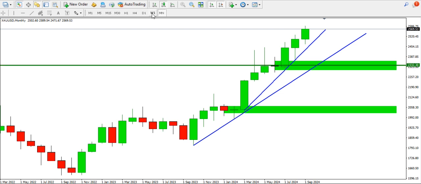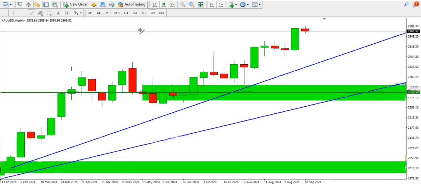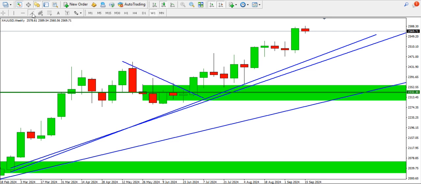On the weekly time frame, you can see that the price of gold is still bullish. Plotting the trend line, we can see that the price of gold is respecting the ascending trend line. Look at what happened around here. We can see a bullish flag pattern breaking out for more buyers to jump in.